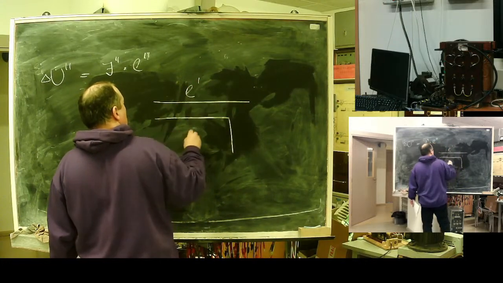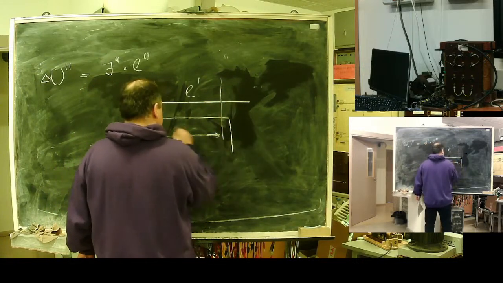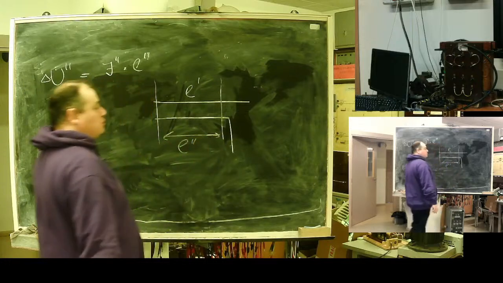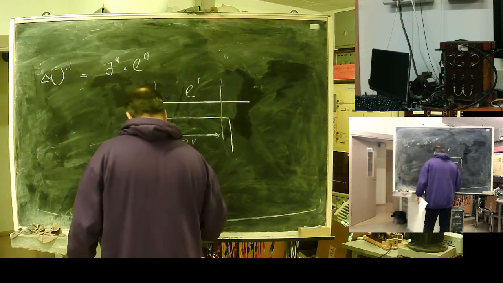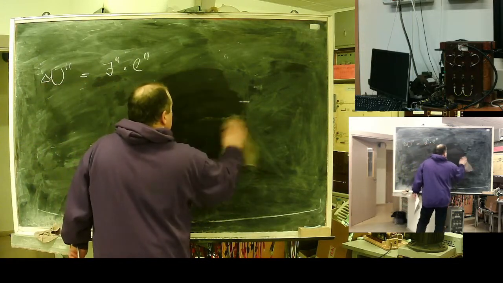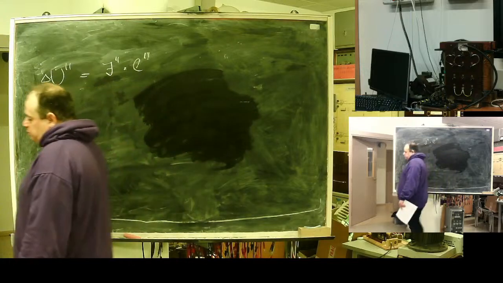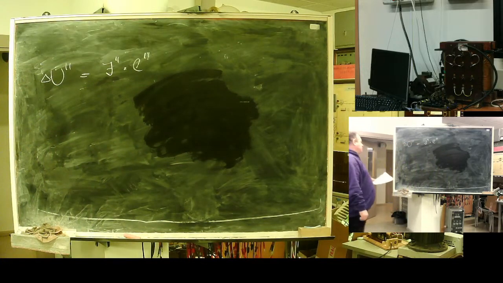This is L1, and this distance is L2. If they are not parallel on the whole distance, it can be a mistake.